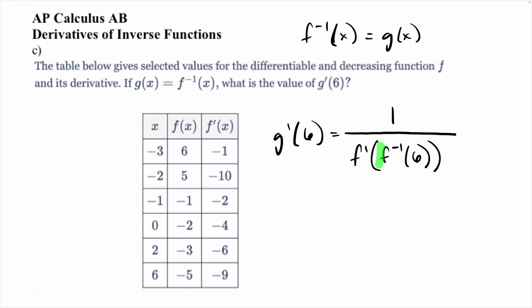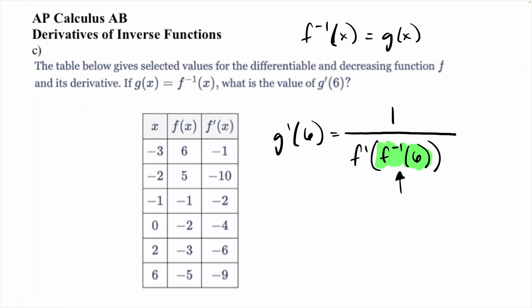Now the first thing we do is the inside. We always start on the inside in math. The inside parentheses. So the first thing we got to do is figure out what that is. So in plain English, what does that mean? Because if you know what it means, you know how to find it.